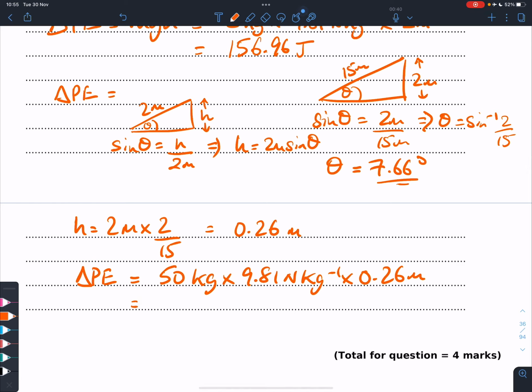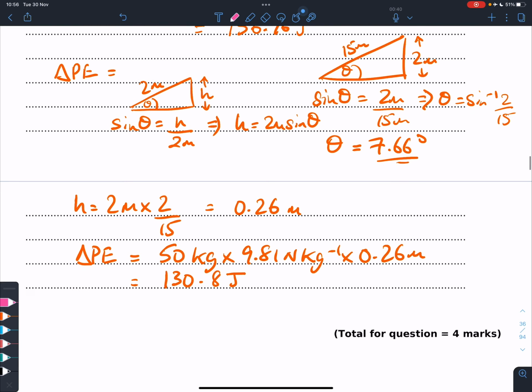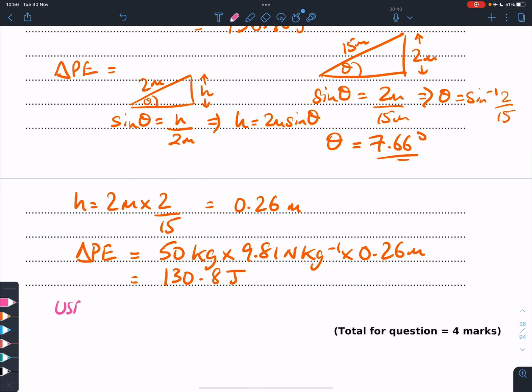And then, putting all this together, this equals 130.8 joules.